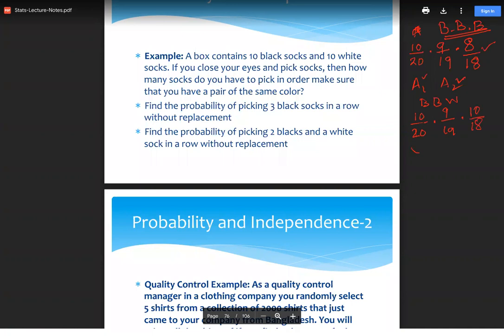And if you multiply these 3 out, that's going to give you the probability of getting black, black, and white. So let's clean it up.